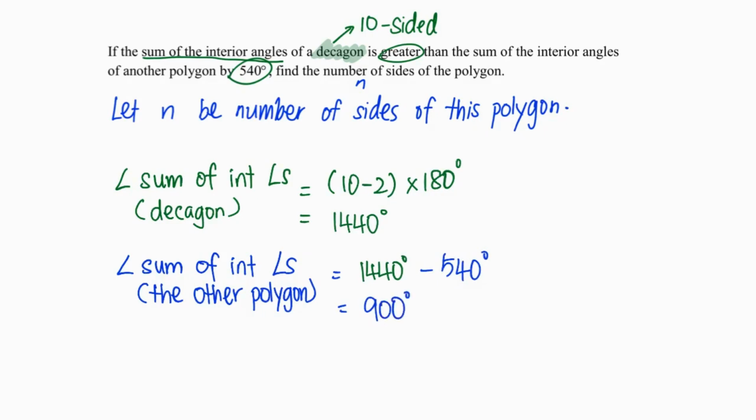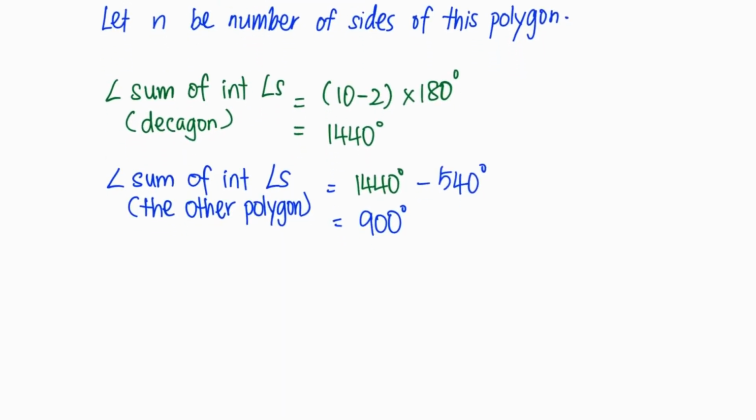And we also know the formula for the angle sum of interior angles, which is simply 180 times n minus 2. This one is equals to 900.